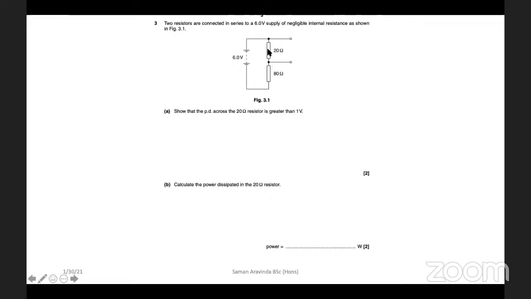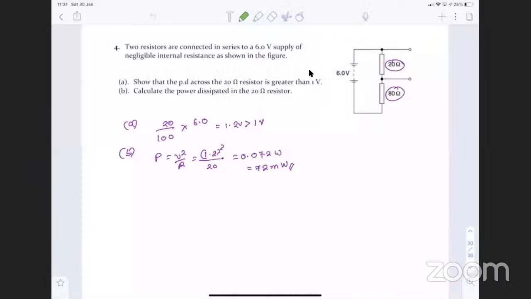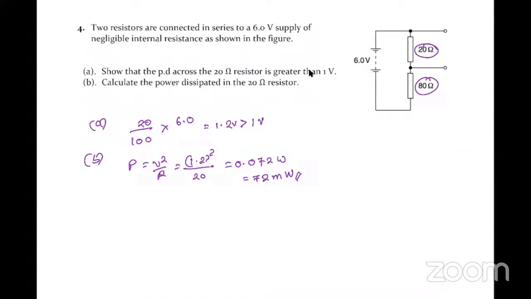Power dissipated in the 20 ohms. Which equation is easier? Do we need to find the current, I squared R? So we don't need to find the current, right? We already know the potential difference across it, so we can use P equals V squared over R to find it.